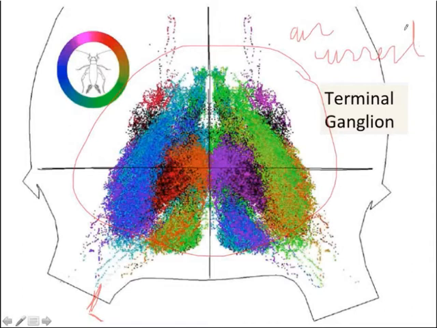Depending upon where you are within this ganglion, if you're here, you might be transmitting this direction. If you're over here, you might be transmitting this direction. And so each different hair will be responsible for a different direction of air current.